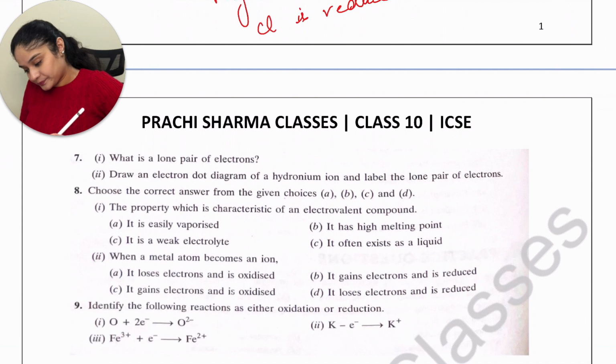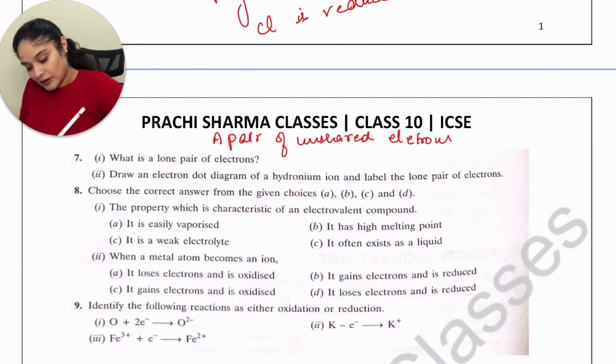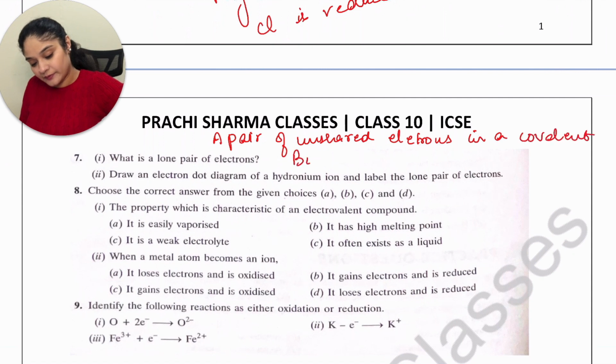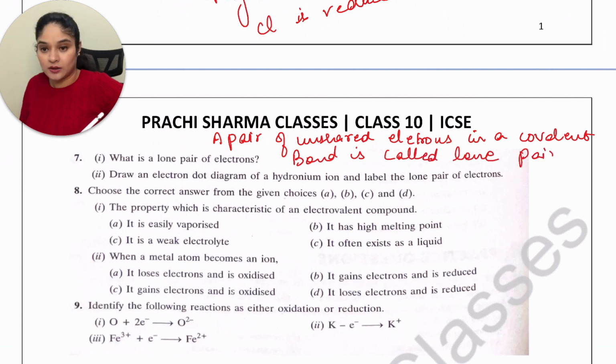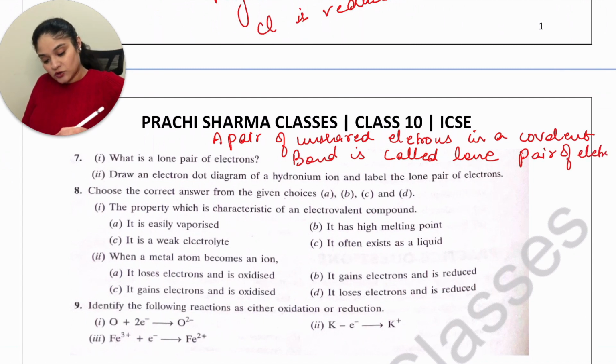So the answer is a pair of unshared electrons in a covalent bond is called lone pair of electrons.